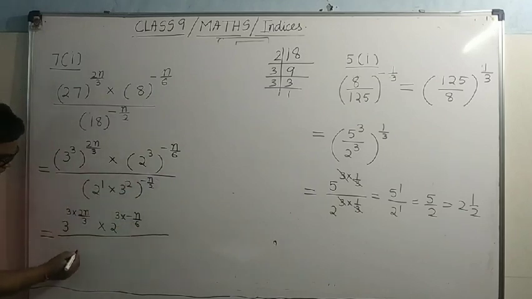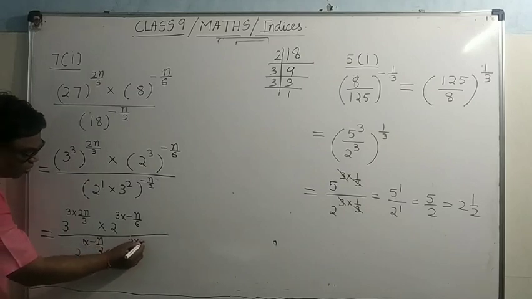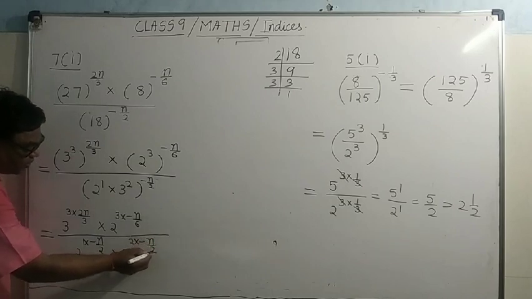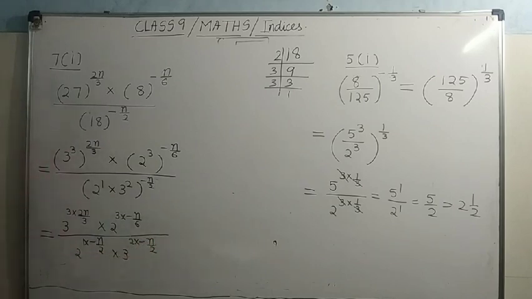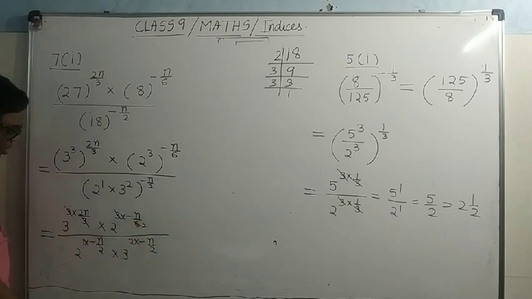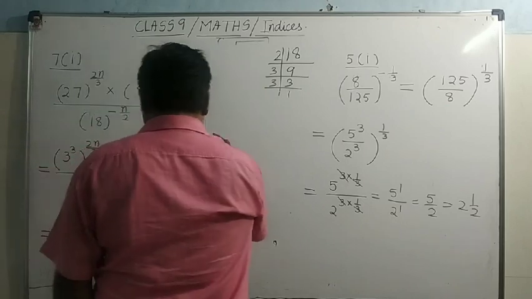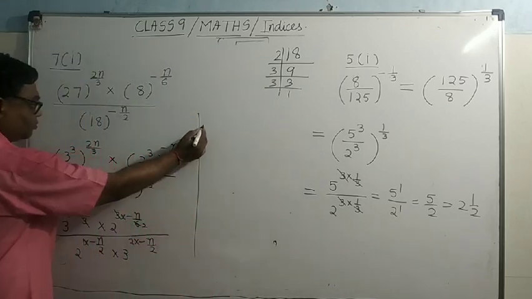When you multiply here 2 to the power 1 into 3 to the power 2 into this, the powers will be cancelled. Here 3 and 3 will be cancelled. It's clear? So 3 to the power 2n. You can write here 3 to the power 2n.